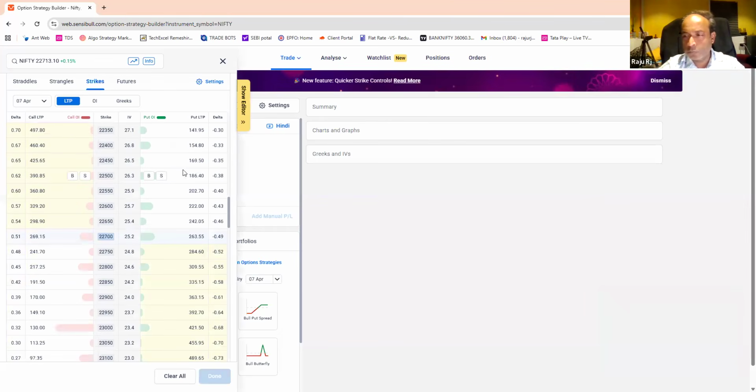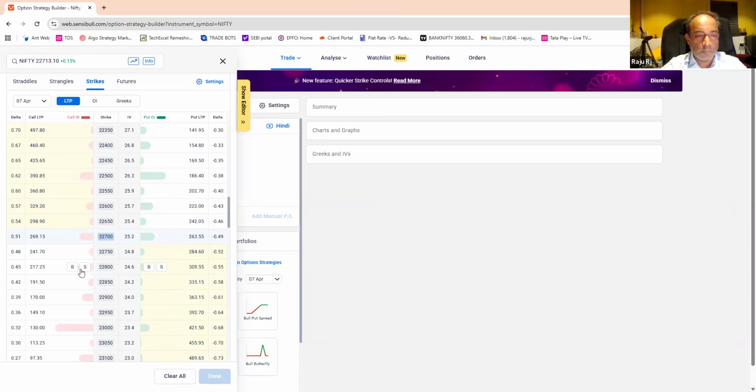What it says: sell OTM. Right now, Nifty is trading at 22,713, so 700 is the ATM. OTM calls would be 22,800, 22,900. These are all the OTM calls and these are all the OTM puts.